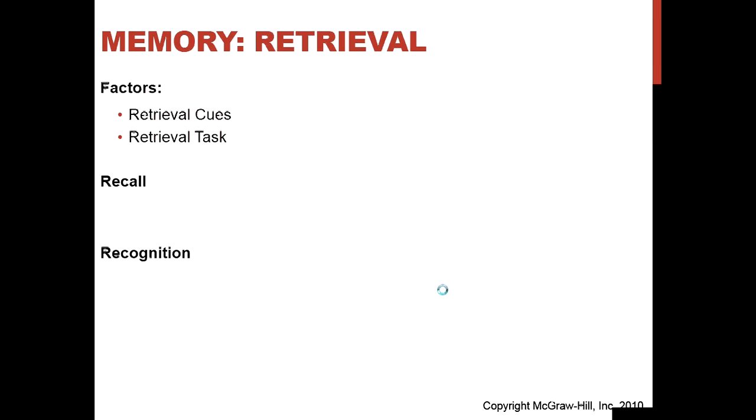Okay, so we have retrieval cues, which are within the environment in order to help us to bring back the memory of something before. And then we have retrieval tasks, the way that someone asks you a question in order to retrieve the information from before. If they ask it a particular way, you'll retrieve different information.